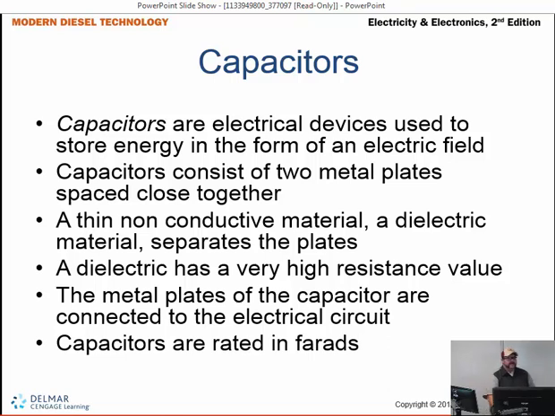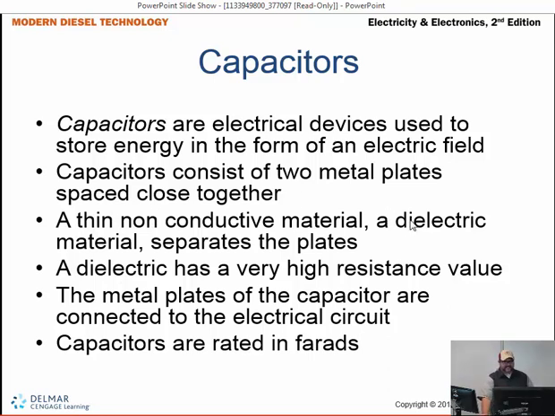All right, capacitors. So we use capacitors in the same way. So capacitors are a storage device. Okay, capacitors are electrical devices used to store energy in the form of an electric field. Okay, so we're going to build a field inside this little capacitor. And capacitors consist of two metal plates spaced close together.